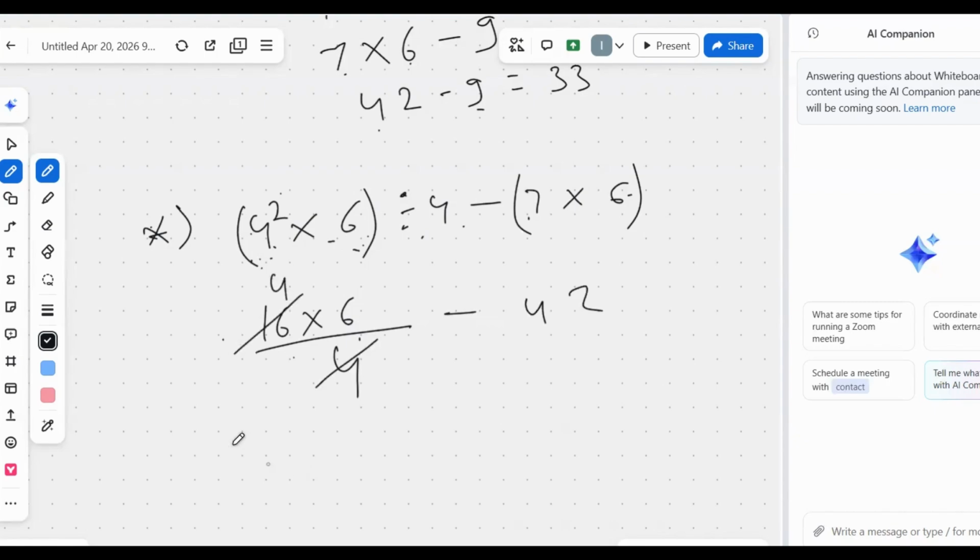This will be equal to 4. So this is going to be 24 minus 42. So the answer for this one is? Negative 18. Okay, so this one is going to be negative 18.